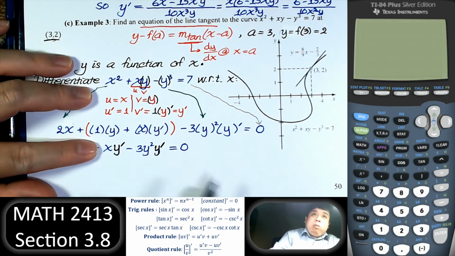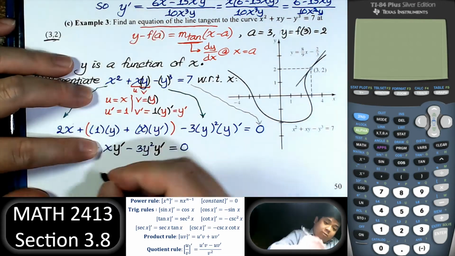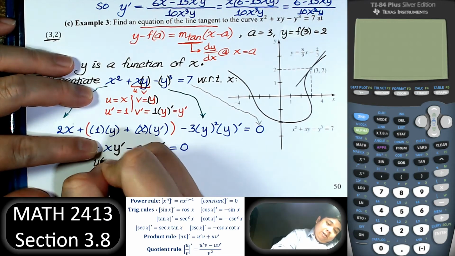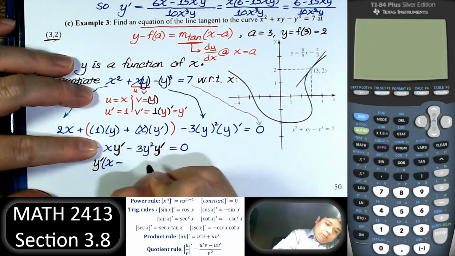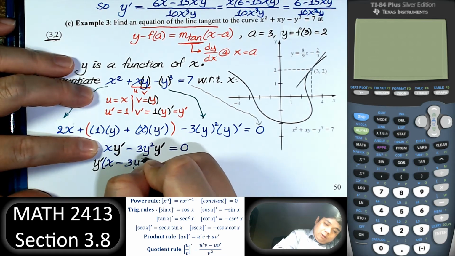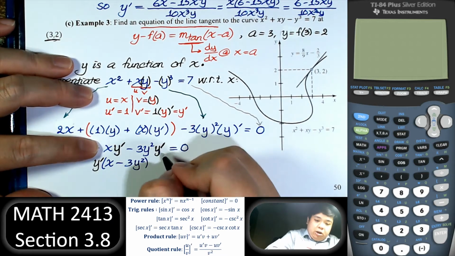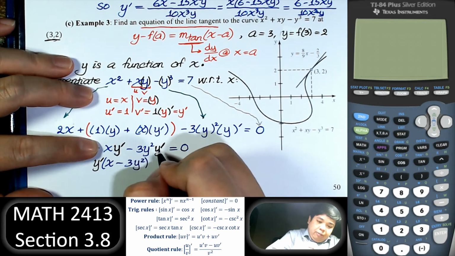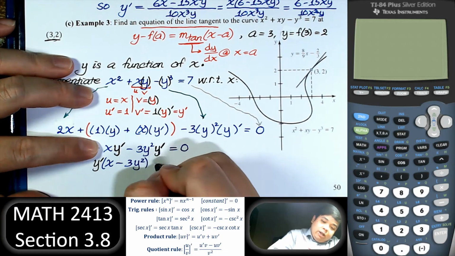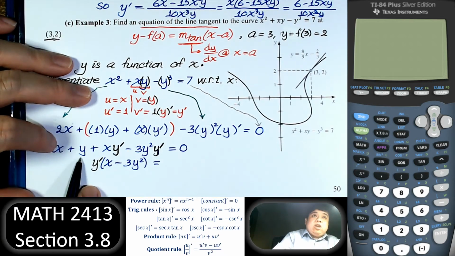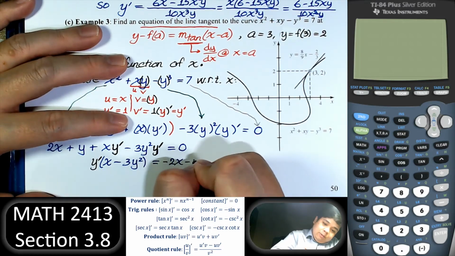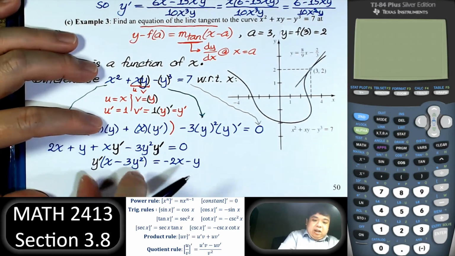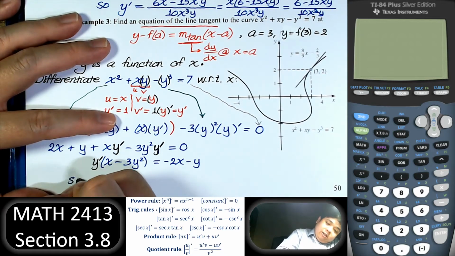Both of the others have y prime, so I can factor out the y prime. You have x minus 3y squared equal to the 2x and y moved to the other side, which becomes negative. And then I can divide that to the other side.